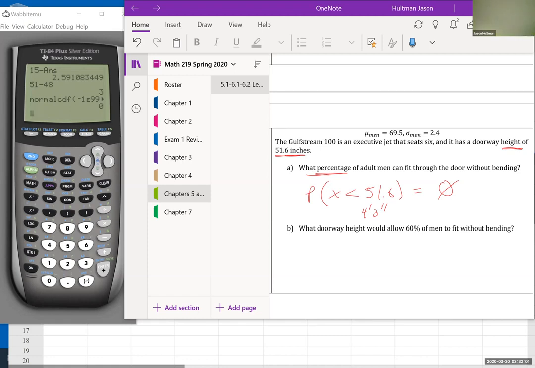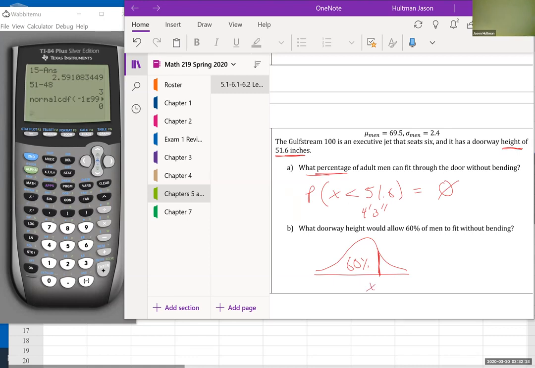What doorway height would allow 60% of the men to fit without bending? What doorway height would I want if we wanted 60% to fit? So we're calculating the cutoff, an X value.